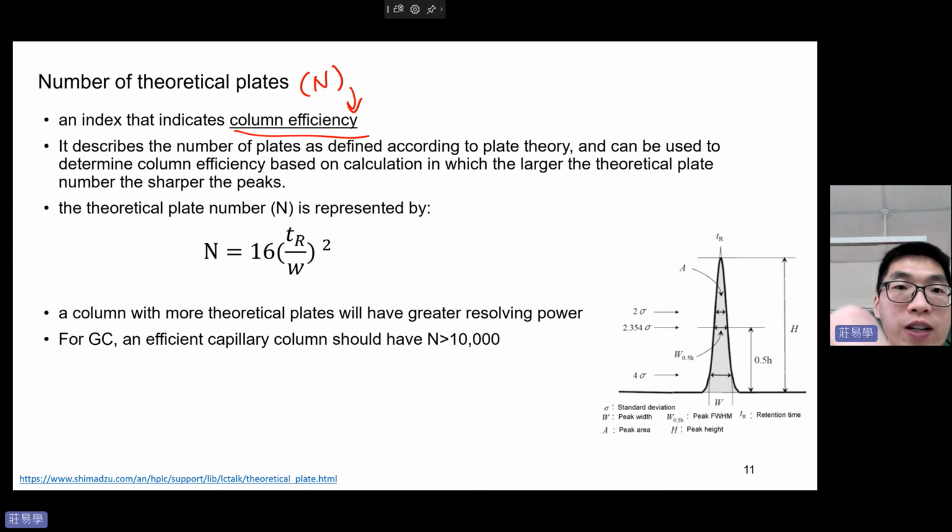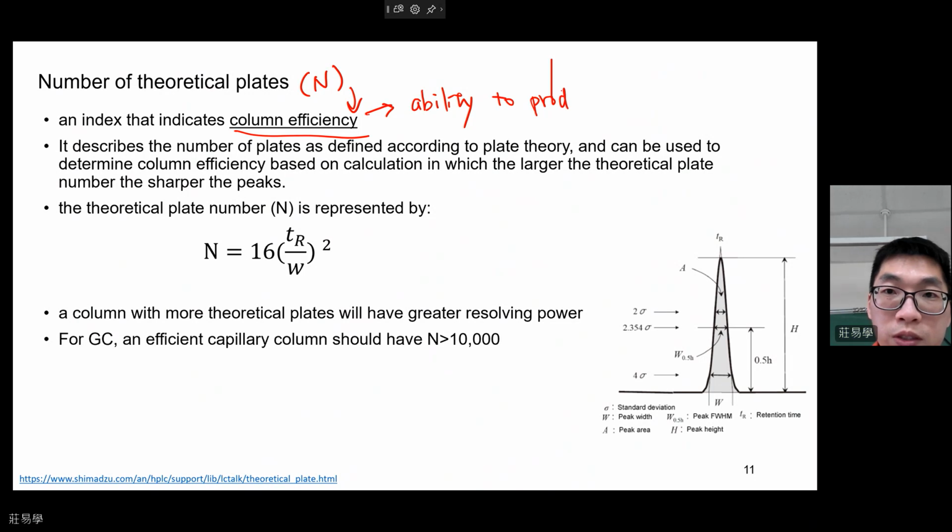Okay, the definition of column efficiency is the ability of a column to produce narrower peaks.